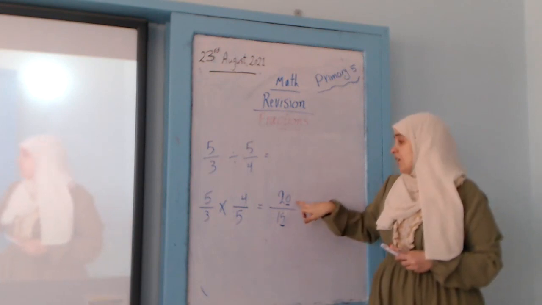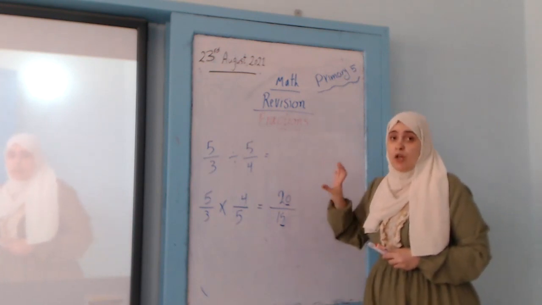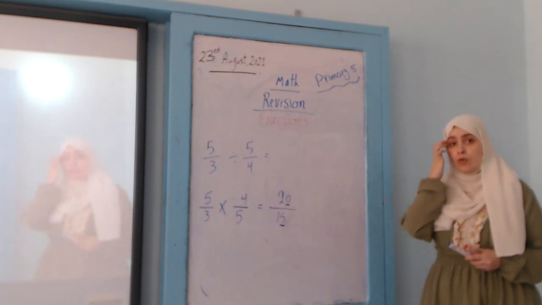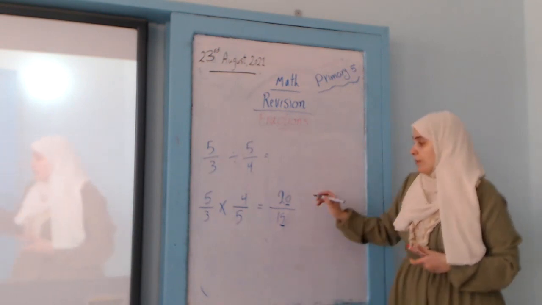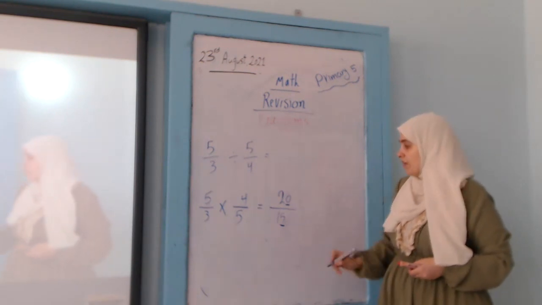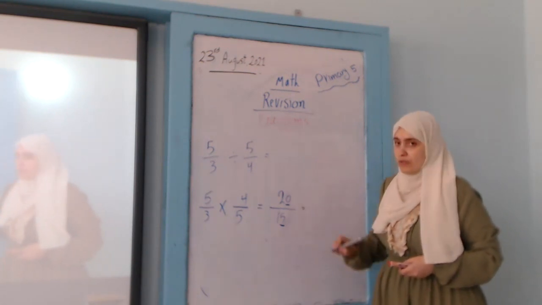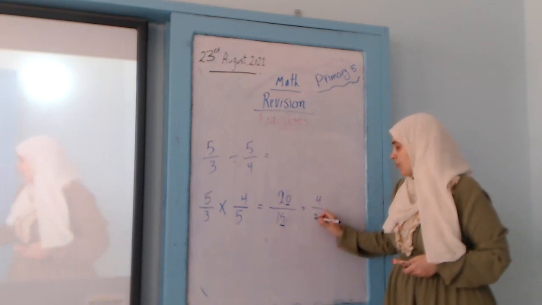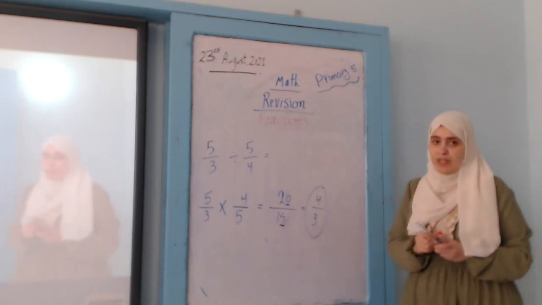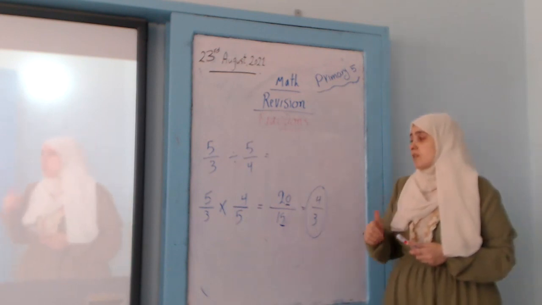So every number whose units digit is 0 or 5 is divisible by 5, and I can divide it by 5. 20 divided by 5 equals 4. 15 divided by 5 equals 3, so the answer will be 4 over 3 in its simplest form.